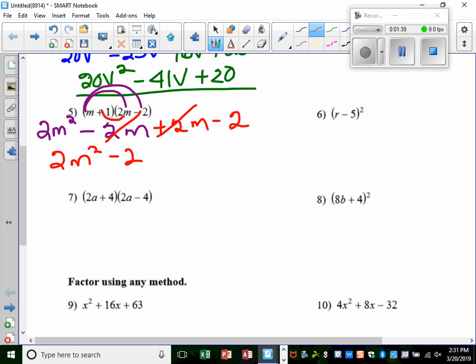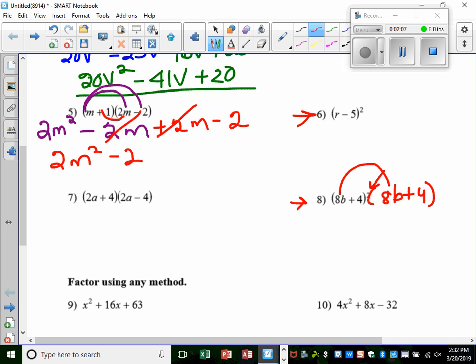Okay. I want to do one like this where it's squared, because I'm still getting students, and maybe do number 8 since it has a number in front of the first term. I'm still getting students to say that's 64b squared plus 16. That is not what that is, okay? So this squared, that means that you need to write the problem down again. You need to write the binomial again, because you're multiplying the binomial times itself.